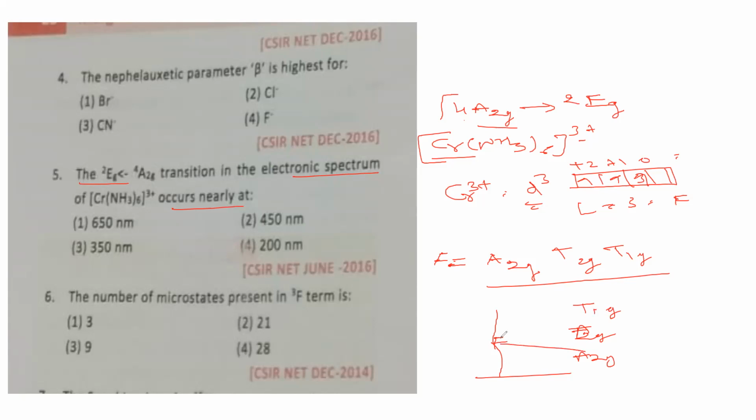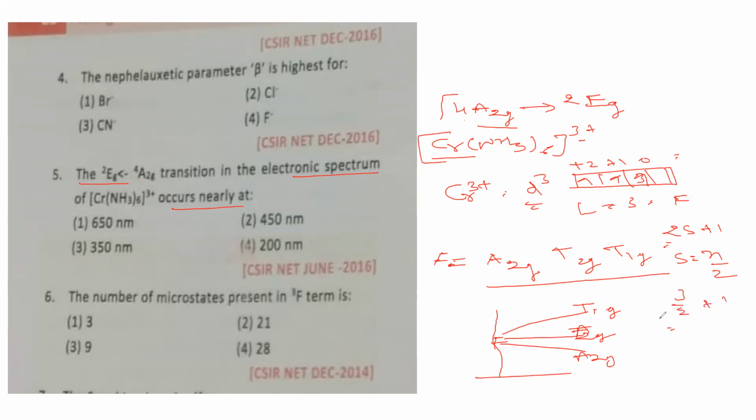Okay, but we also have to write the spin multiplicity. So for d3 configuration, spin multiplicity is 2S plus 1. And what is S? S is n by 2. And what is n? N is the number of unpaired electrons. So there are 3 unpaired electrons.